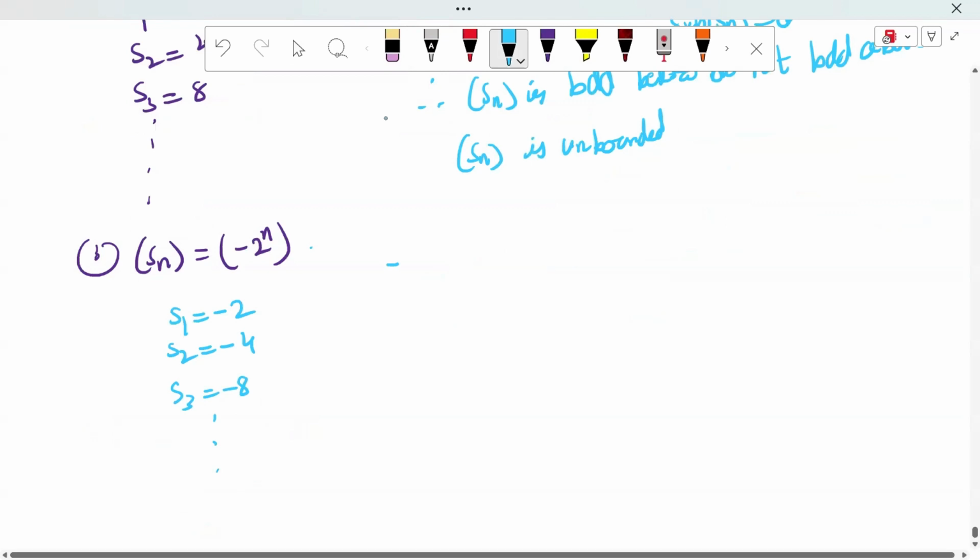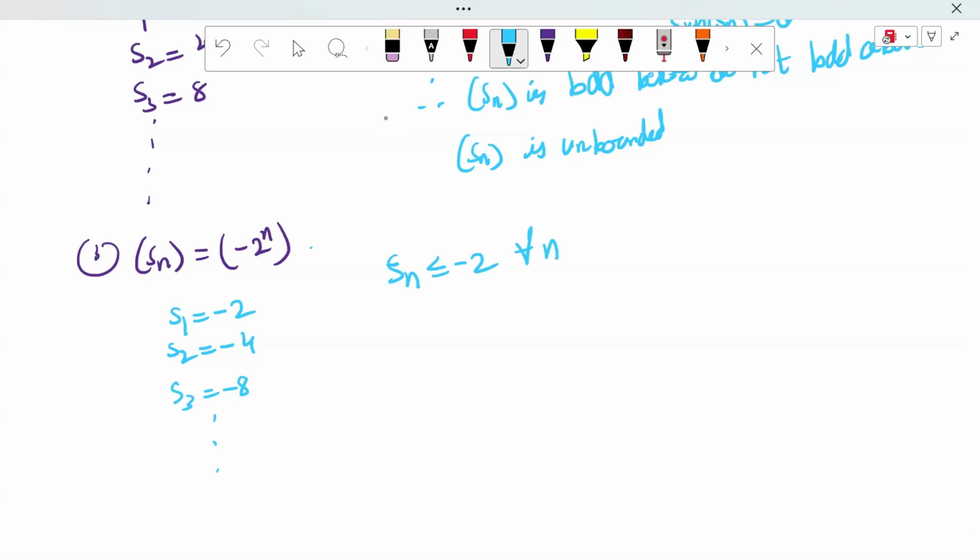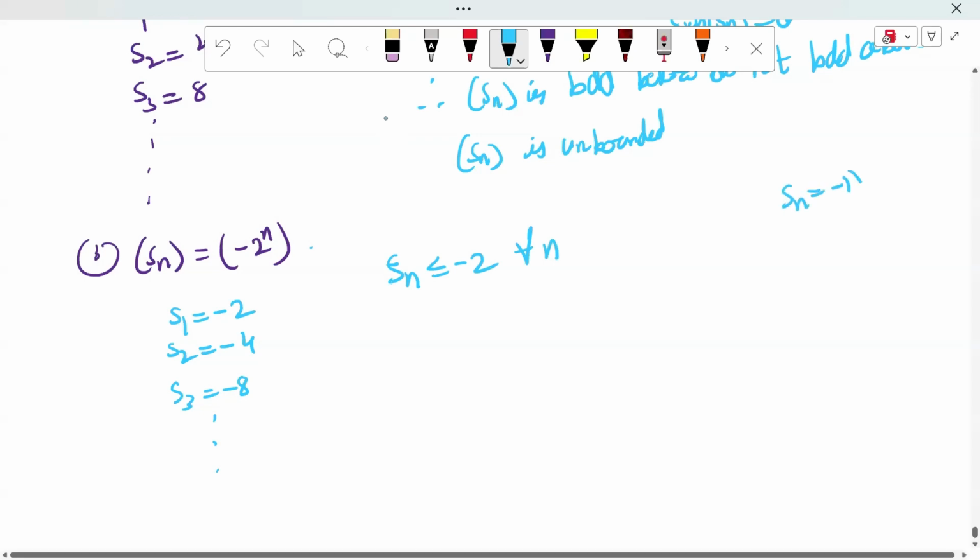Sn is less than or equal to minus 2. A student asks: what is the problem, sir? S2 would be plus 4. Not minus 2 power n, sir; it is minus 1 whole power n. Sn is equal to minus 1 whole power of n into 2 power of n.